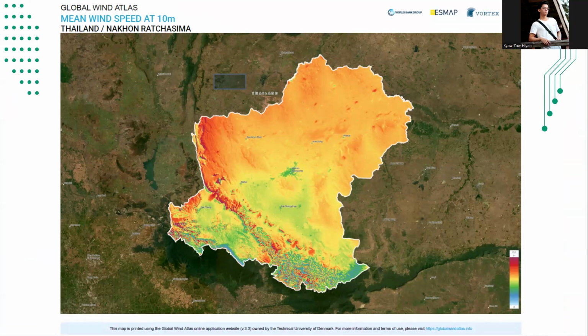Like we see in the real world, there are some Lam Takhong wind turbine projects around the points shown here. So these are the ideal places in Ratchasima for designing a wind turbine blade and installing it.